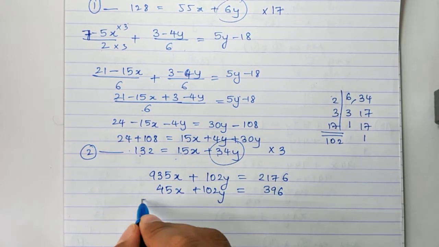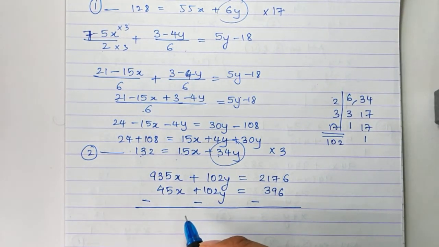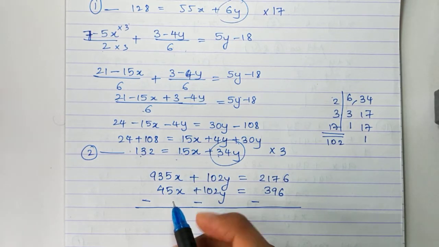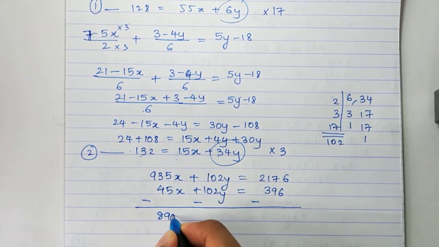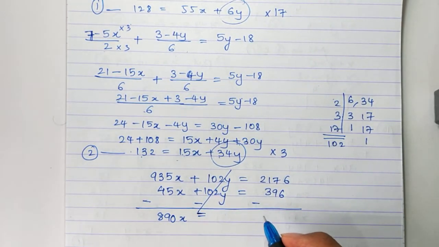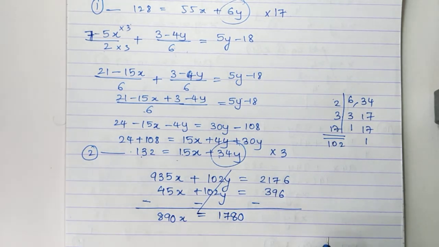Okay, let's subtract. So what will be 935 minus 45? It's 890. This will get cancelled. Equals 2176 minus 396 will give me 1780.